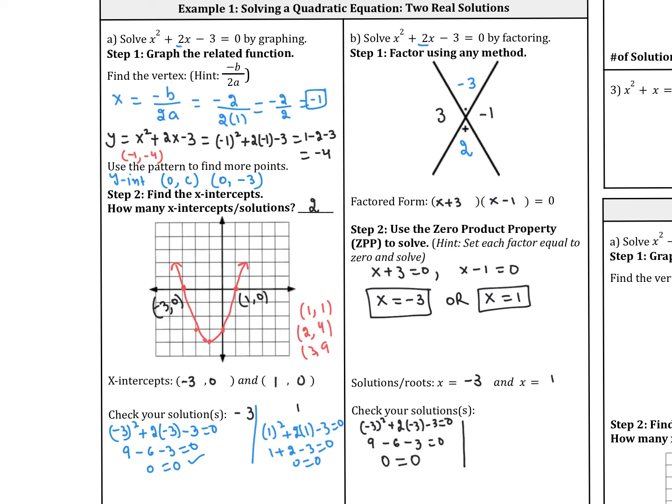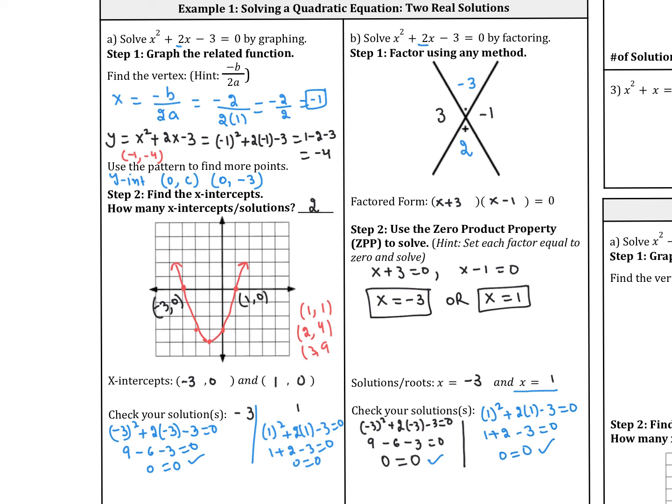Now you're going to use x equals 1, plugging it into the given equation. So you're going to get 1 squared plus 2 times 1 minus 3 equals 0. So that's going to be 1 plus 2 minus 3 equals 0. That is 3 minus 3, which is 0 equals 0.